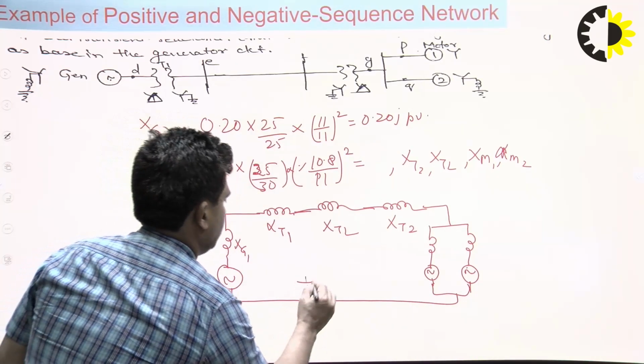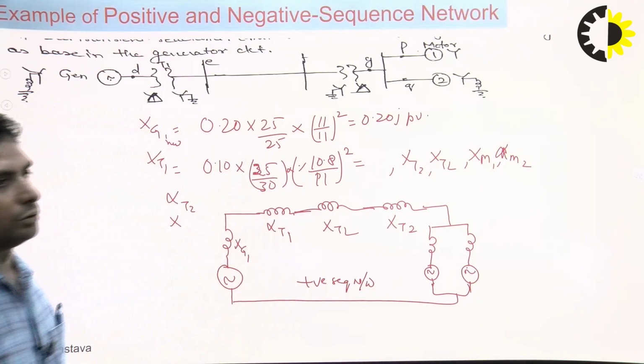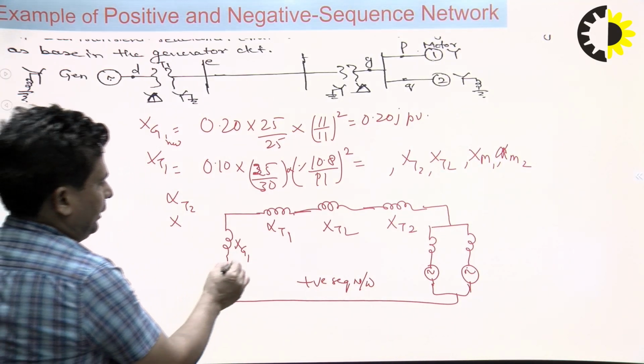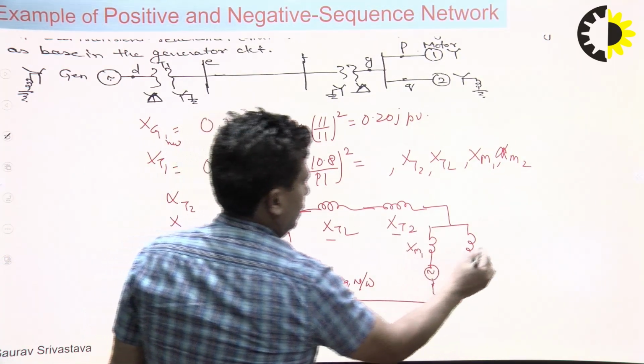So that is the positive sequence network of that equivalent diagram. There is the reactance of the generator, transformer, TL, T2, and XM1, XM2.